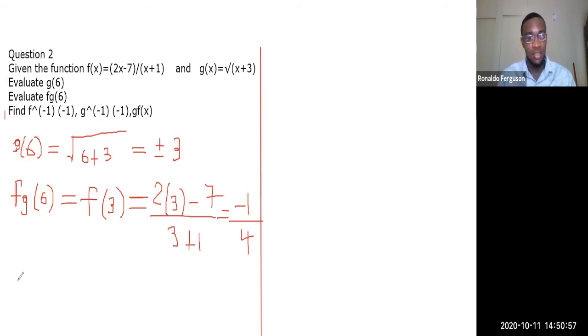Right? So we have f of x is equal to 2x minus 7 over x plus 1.